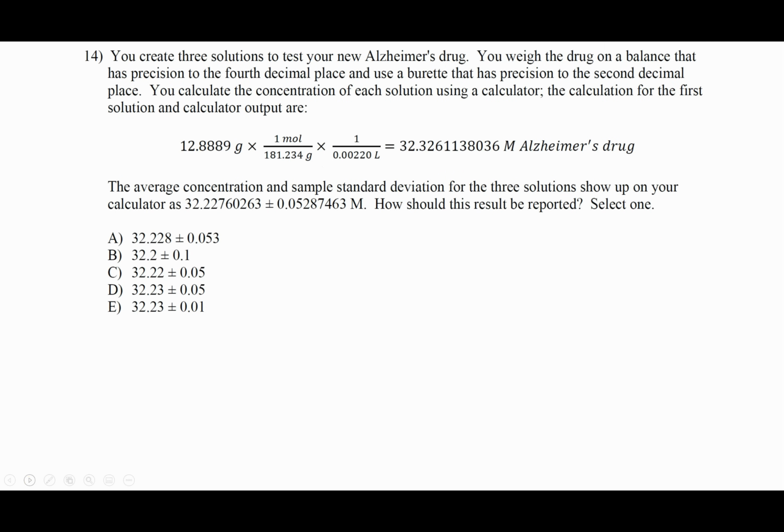Same question, except for a new trial and a new average and standard deviation. Once again, the solution to this is the same. Once again, 4 decimal places, and once again, 2 decimal places for the burette. So, rule 1, I report my error with 1 significant figure, unless it begins with a 1 or a 2.